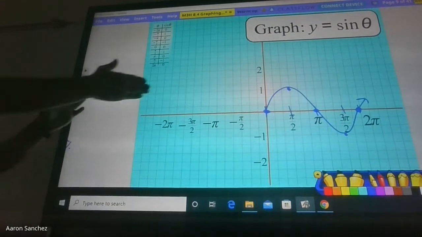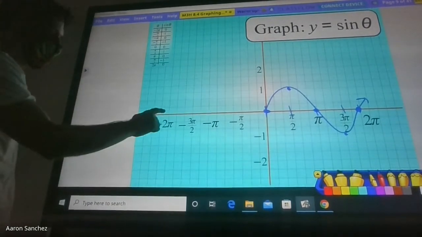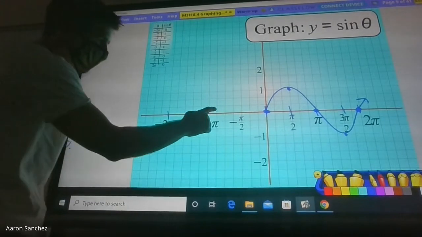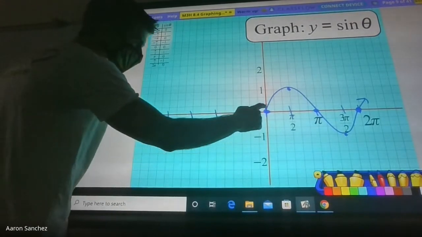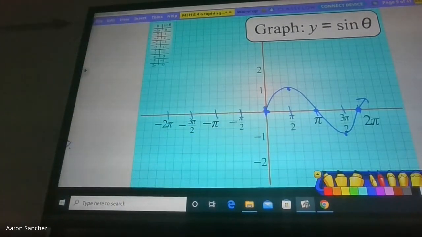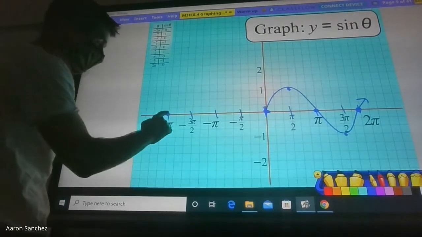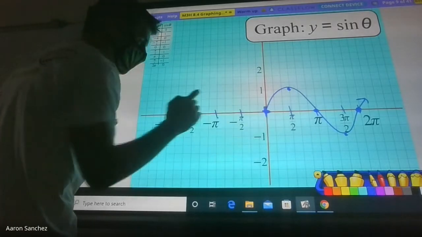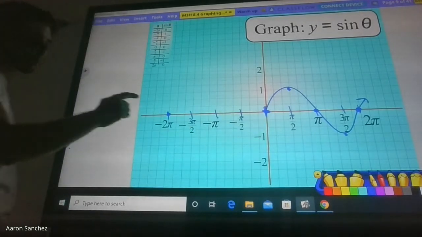Let's do this side. 5 key points: 1, 2, 3, 4, 5. Remember, it's the same as the last one. Where are my zeros? Remember what I said? Zeros are first, middle, last. First, last, and middle.